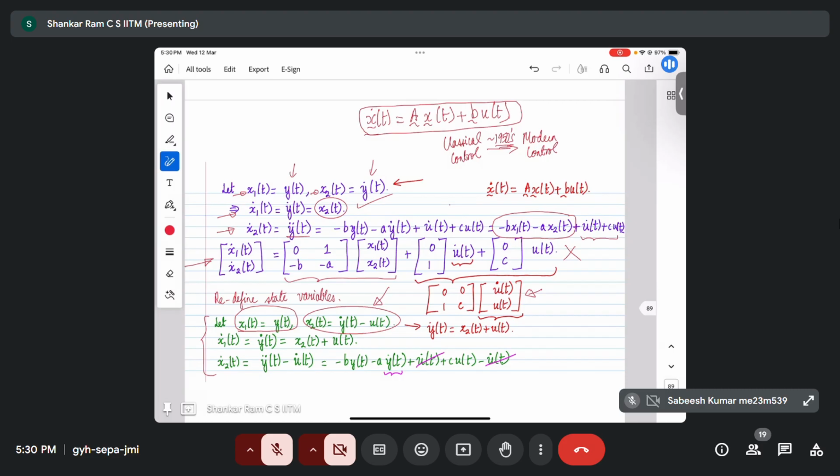ODEs have been there for a long time. State space representation is nothing new, because philosophically, it's just representing an nth order ODE as n first order ODEs. Nothing more than that. Just that, we were not ready with computational tools until the 1940s, 1950s.